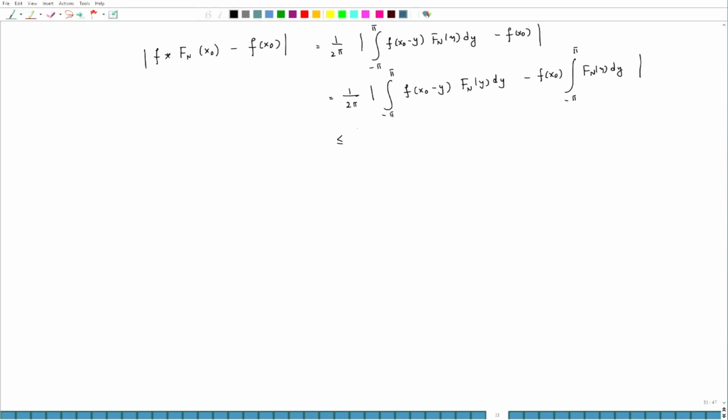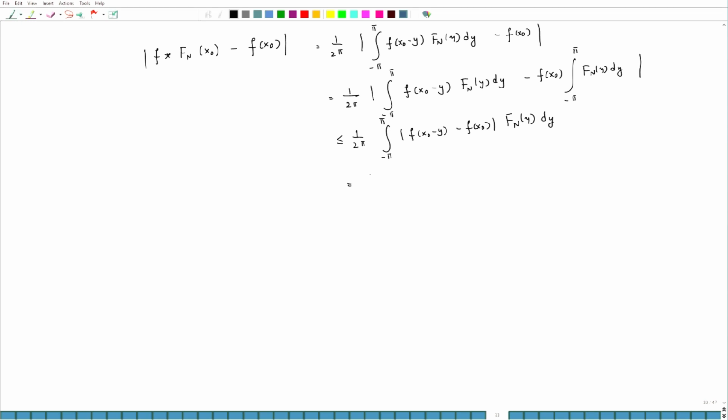Now, this is less than or equal to 1 by 2 pi integral from minus pi to pi of mod of f of x naught minus y minus f of x naught times mod of f n, and f n is a non-negative quantity. So, this is less than this.